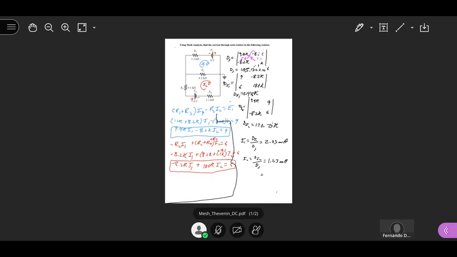And this is I1, this is I2. Any questions? Guys, any questions?